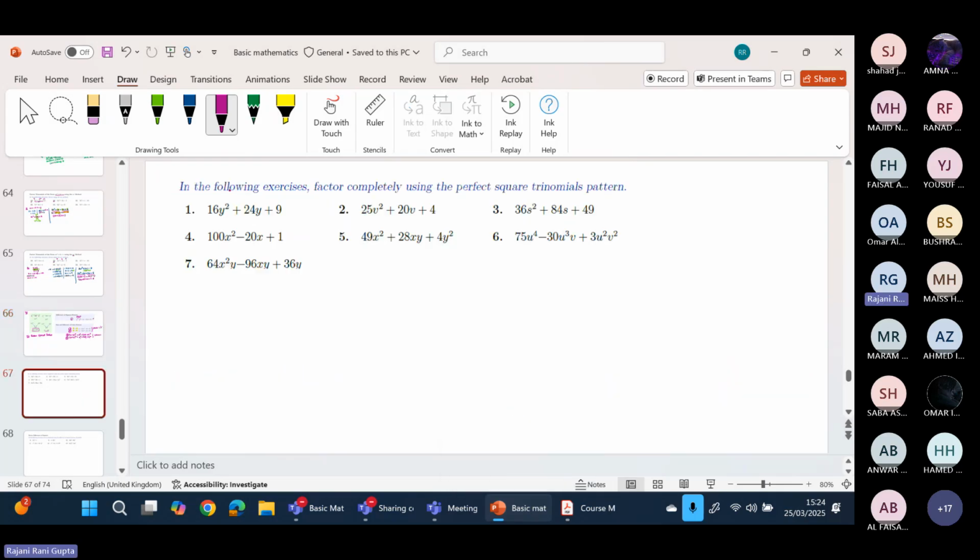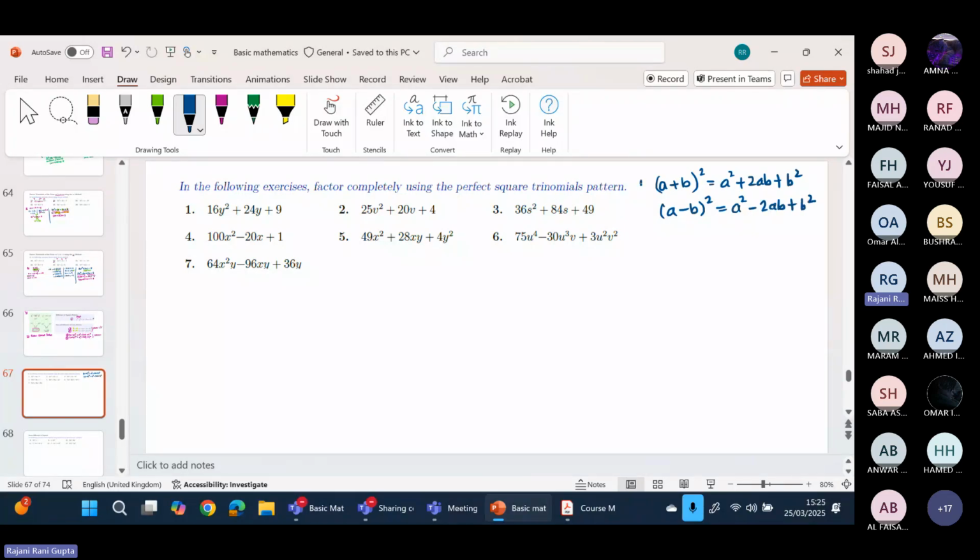So let's see in this question. Now you have 3 terms. So the only rules that will work here are either a plus b power 2, that gives you a square plus 2ab plus b square, or a minus b power 2, that gives you a square minus 2ab plus b square.